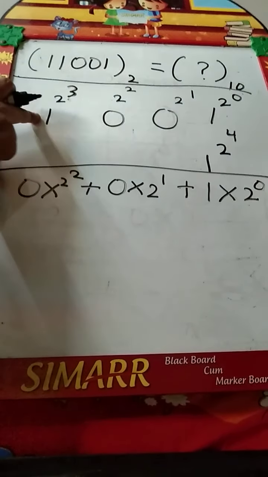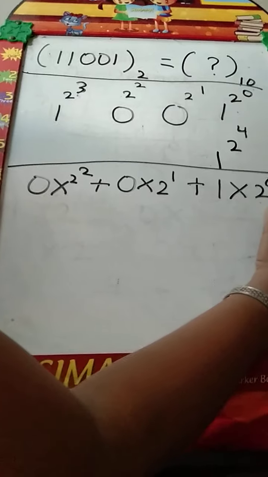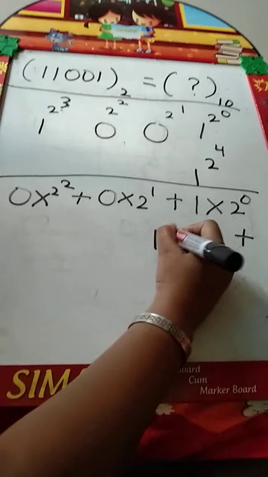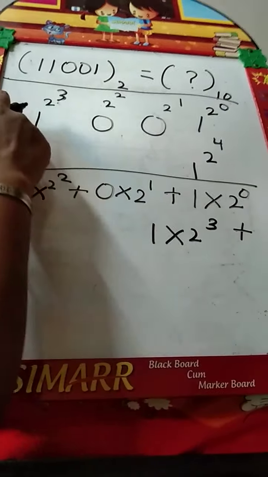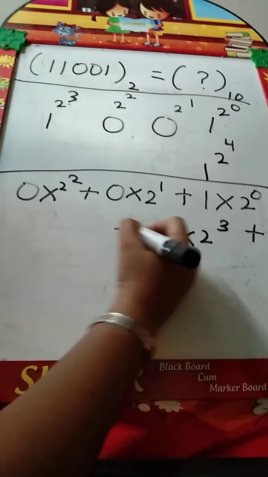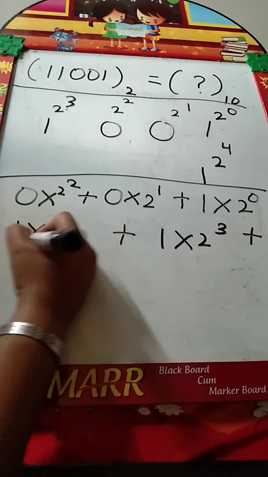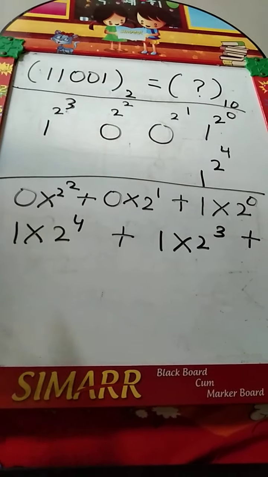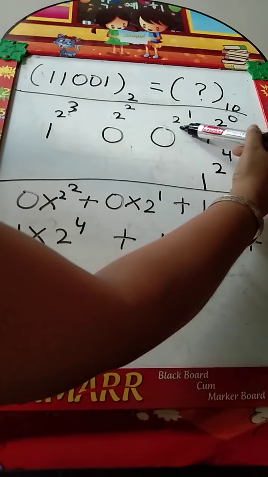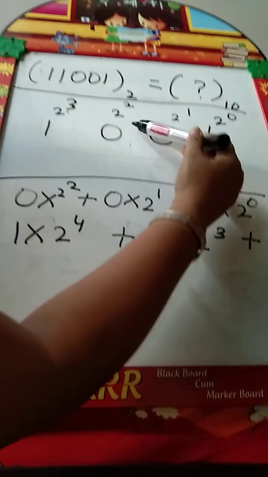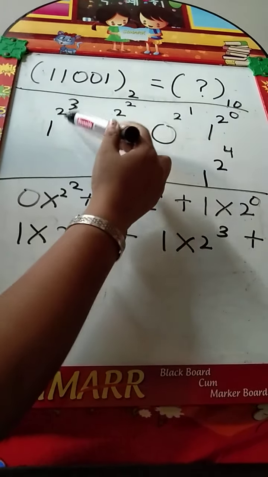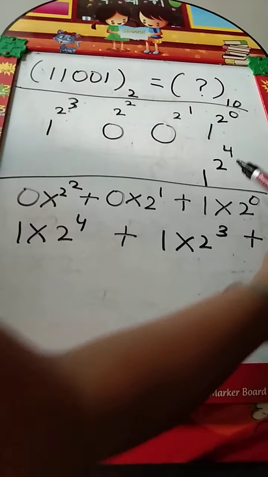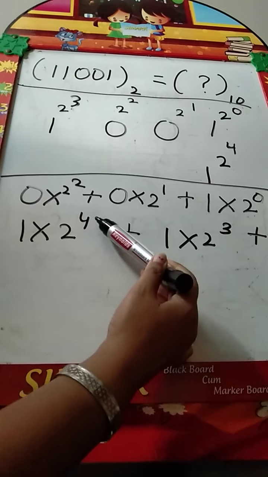Now the turn of this, we write 1 into 2 raised to power 3. Now the turn of this number, we write 1 into 2 raised to power 4. So with the help of this we can solve it. Now I can explain it: the powers are 0, 1, 2, 3 and 4.